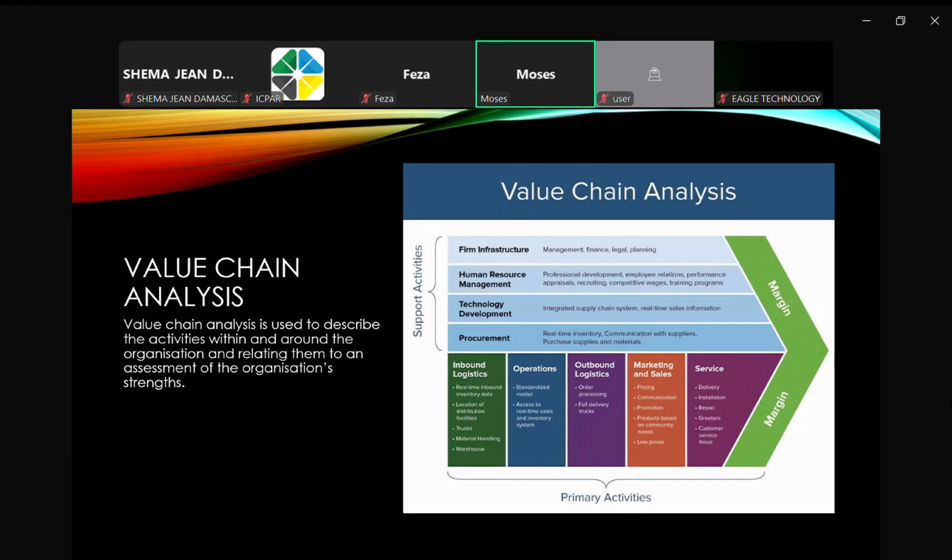Once you conduct a value chain, you should therefore decide whether it's appropriate to have all those activities provided internally, or whether it is wise for some of those activities to be outsourced. So I have seen many questions on the value chain, and sometimes they give you a case study from any sector.